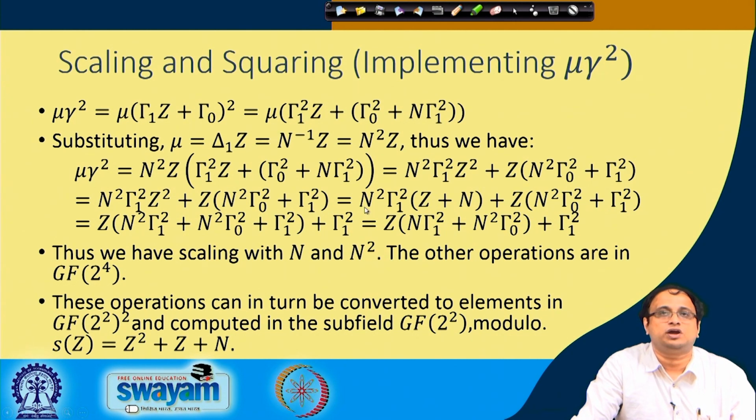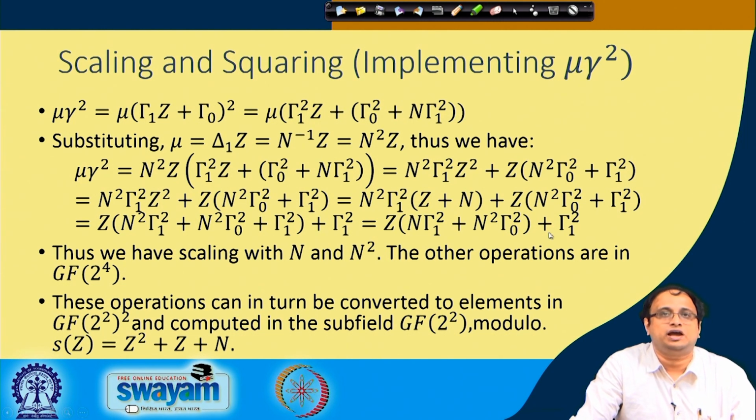So this is equal to n squared gamma 1 squared, and now I can write z squared as z plus n. I replace z squared with z plus n because I am doing a modulo with z squared plus z plus n, plus z into n squared gamma 0 squared plus gamma 1 squared. So now if I just take the coefficients of z and the constant part, then I will have z into n gamma 1 squared plus n squared gamma 0 squared plus gamma 1 squared.